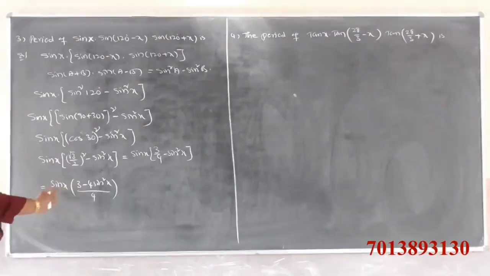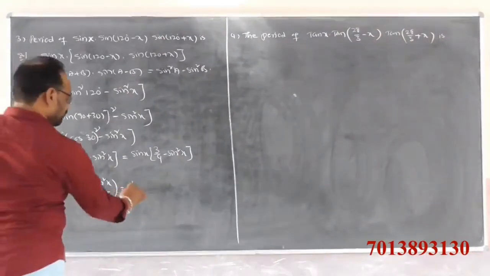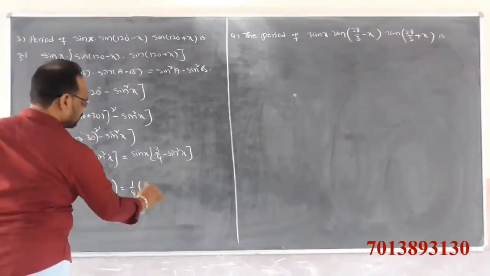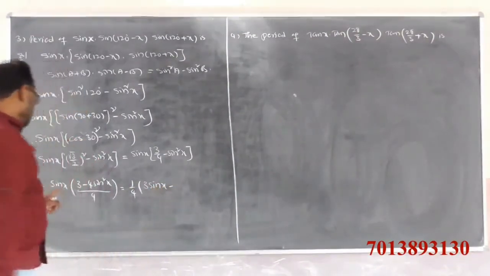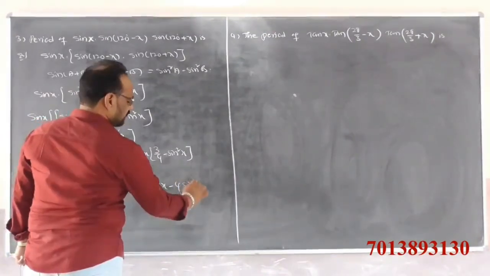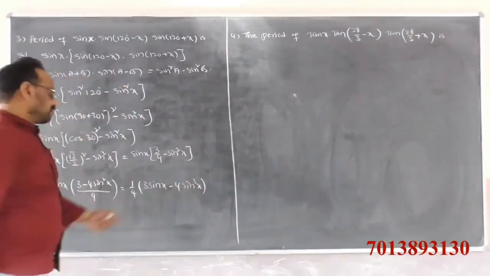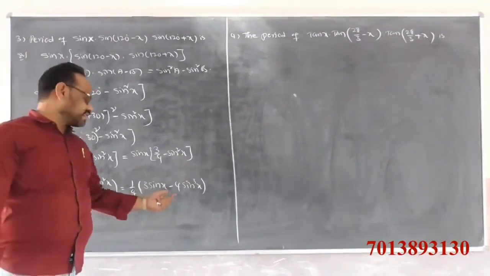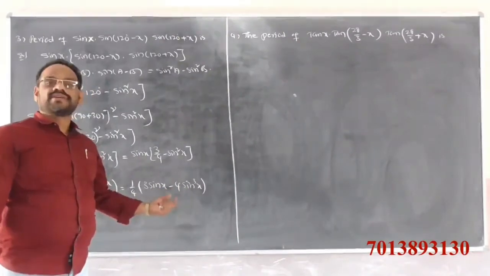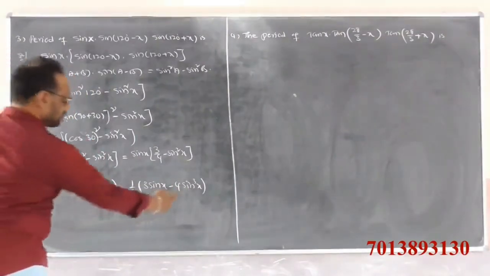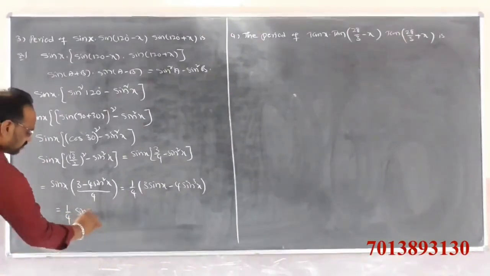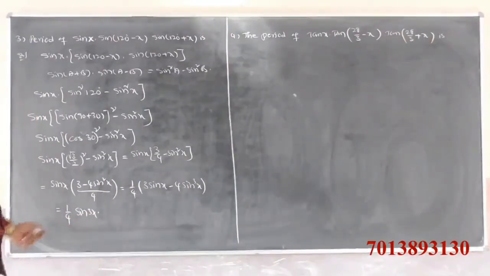Taking 1 by 4 as common, we get (3 sin x minus 4 sin cube x). Already we know that 3 sin x minus 4 sin cube x is sin 3x, that is the formula. So we get 1 by 4 into sin 3x.